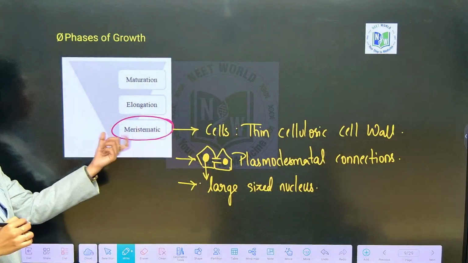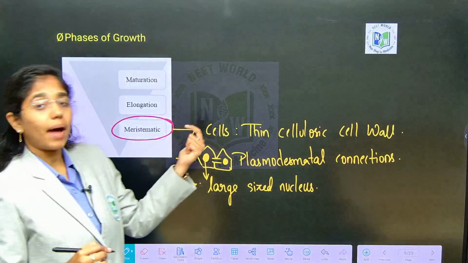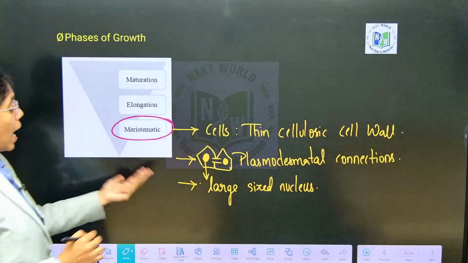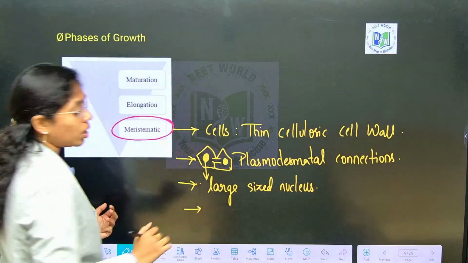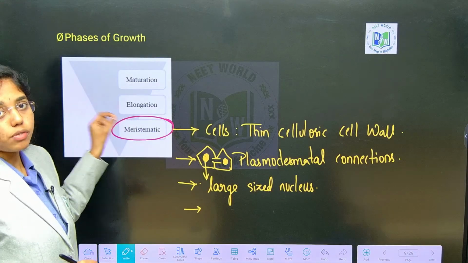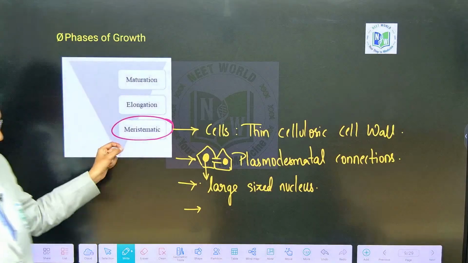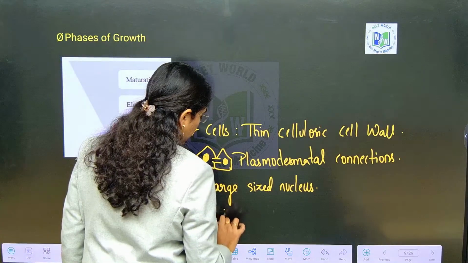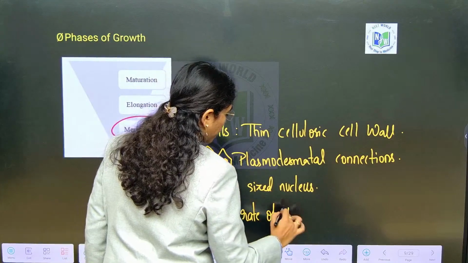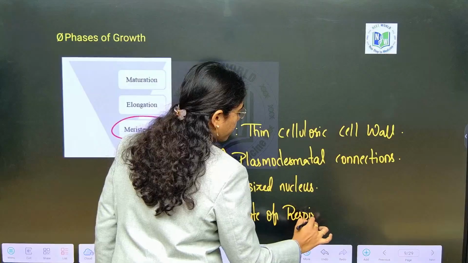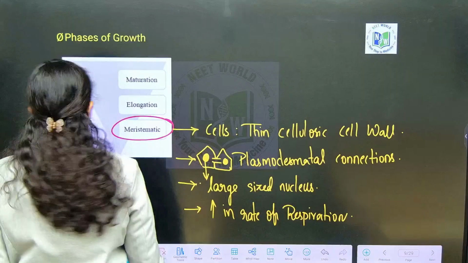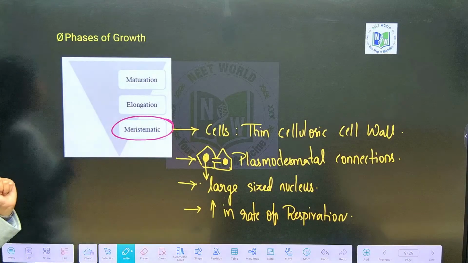So, cells will have a thin cellulosic cell wall, abundant plasmodesmatal connections, a large sized nucleus, and a high rate of respiration because of active cell division. Because of active cell division in the zone of meristematic activity, there is an increase in rate of respiration in these cells. These are the characteristic features of the cells present in the meristematic zone.